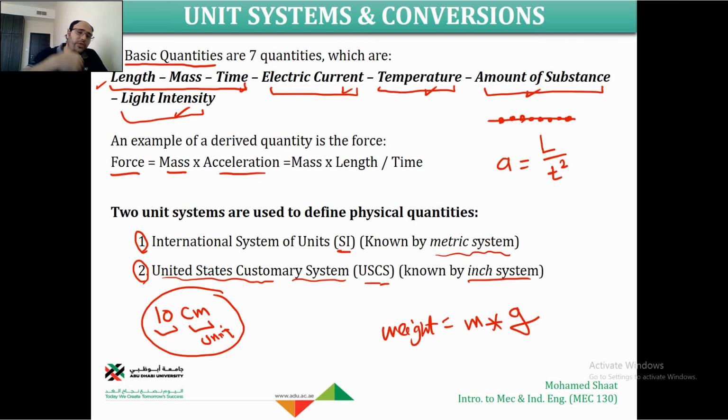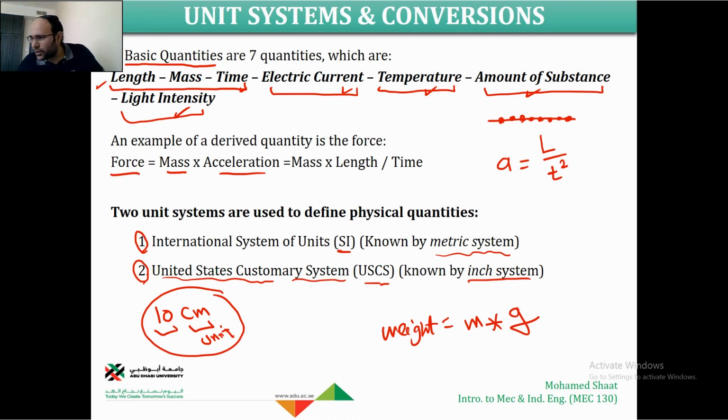We have another way of describing length. We can describe the length in inches, like 10 inches or 20 feet. Feet and inches are the American system. For example, if you're driving on the road and there is a speed limit sign, it is written as 100 kilometers per hour.